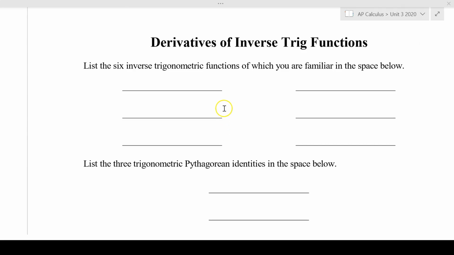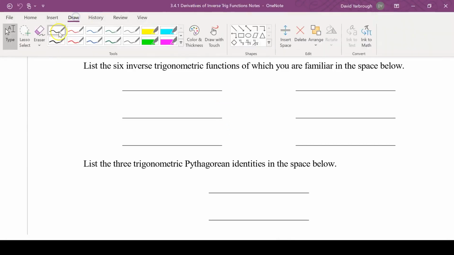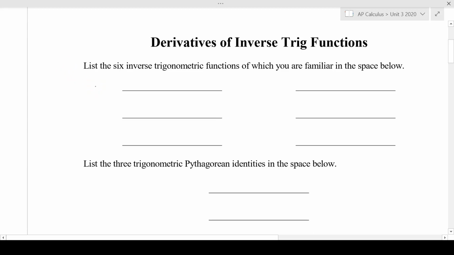The first part that you're supposed to be doing is just filling out this table, listing the 6 inverse trig functions, of which you're familiar with. So we're just going to list these out so we can have them. Sine inverse, cosine inverse, tangent inverse.